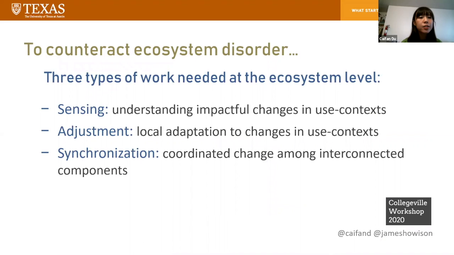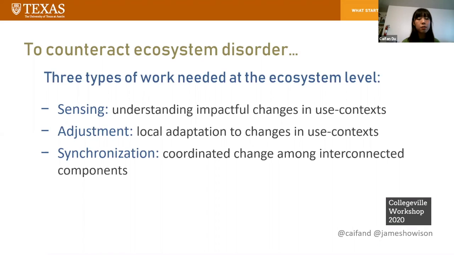To counteract the ecosystem disorder, we identify three types of work that is needed at the ecosystem level. The first is the sensing work. That means for the producer or the user of a software component, how they could understand the changes in the whole assemblage.